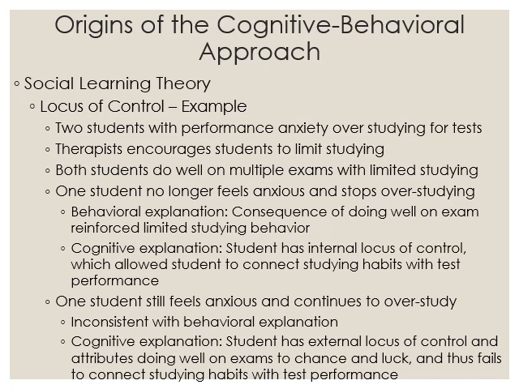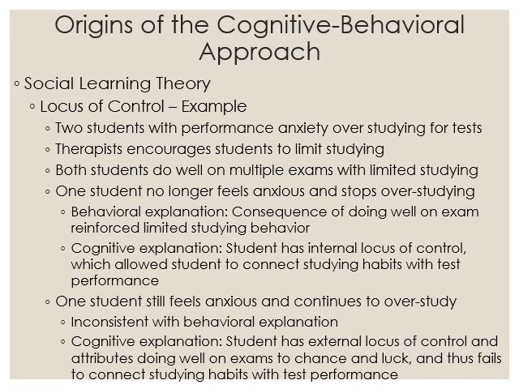So their behavioral explanation is the consequence of doing well in the exam reinforced that behavior of limiting study time. Cognitive explanation: the student has an internal locus of control, which allowed them to connect the fact that they changed their study habits to this improved test performance.